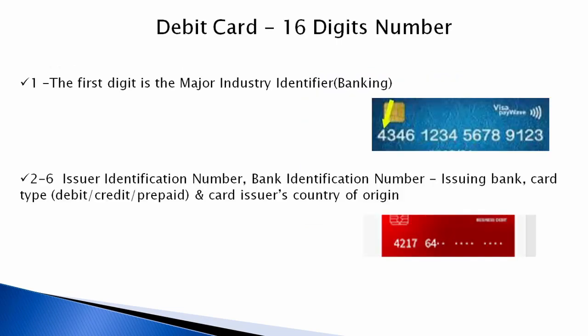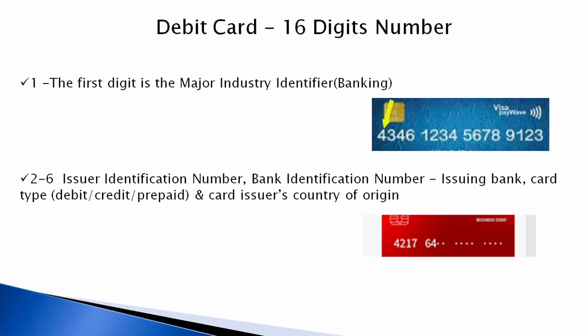Now we'll look at what the 16-digit number printed on a debit card means. In that 16 digits, the first digit is the major industry identifier. In my example you can see 4; it identifies whether it is for banking or any other purpose.